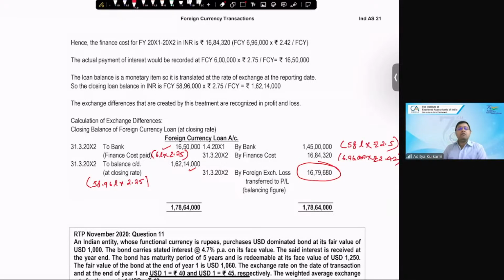But right now, this is going to the P&L because this is a foreign currency transaction that the entity is entering into. Why does it go to the P&L and why not to the OCI? I will explain when I do that part. When I take that part, I will tell why this difference goes to OCI there. That time you will understand why it goes to the P&L here.